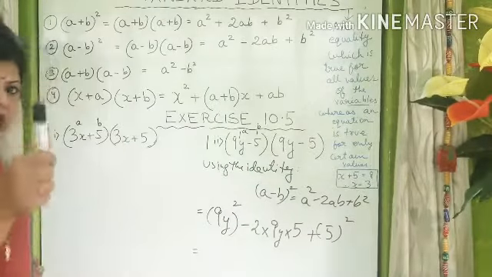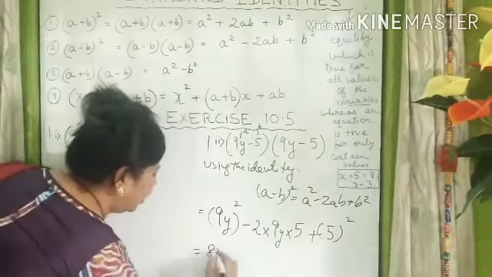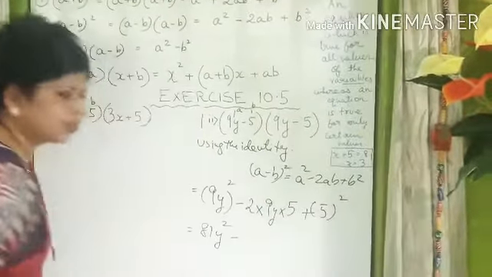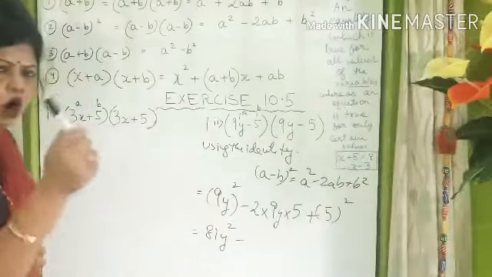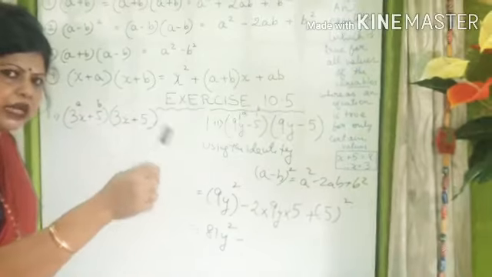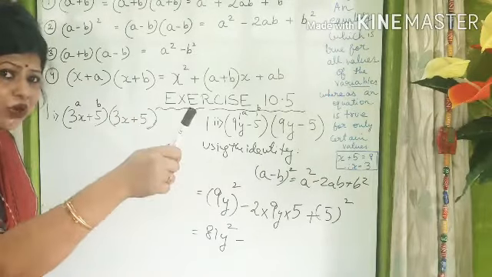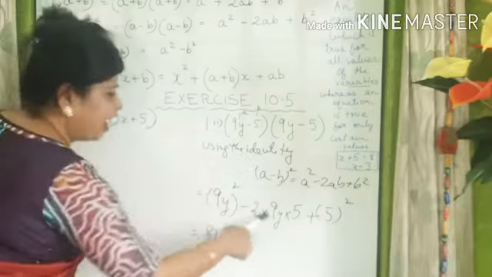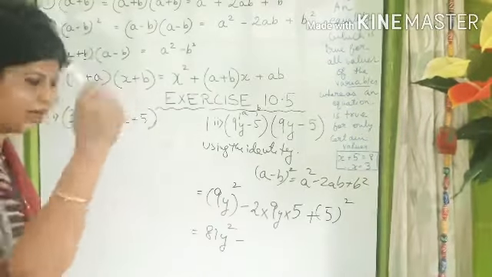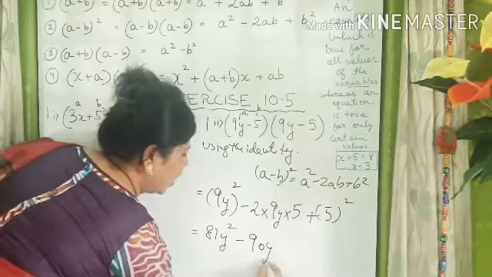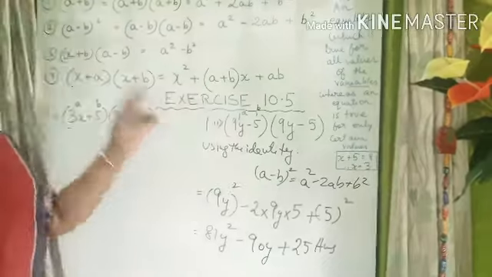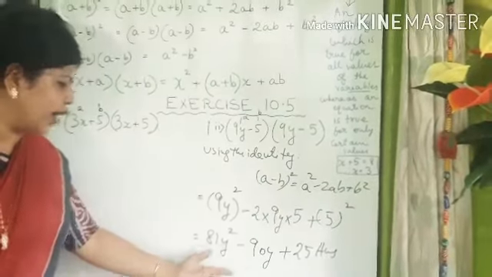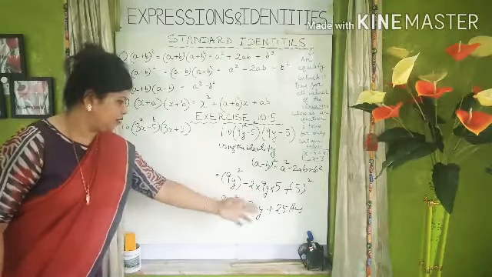That is equal to 9 square, 9 nines are 81, 81y square, minus 2 into 9 into 5. Always make the multiplication easier by doing the tens or the multiples of tens first. 5 twos are 10, 10 nines are 90. So minus 90y plus 25. So that's the answer. The second one, 81y square minus 90y plus 25.